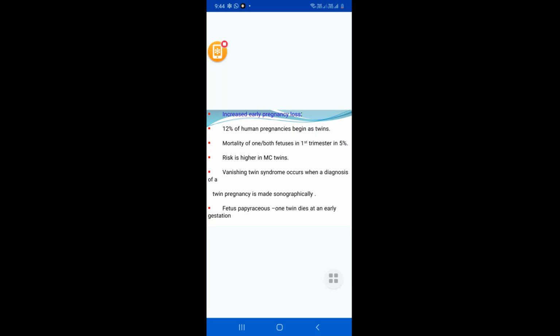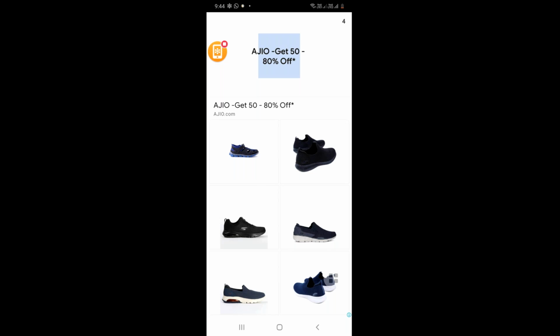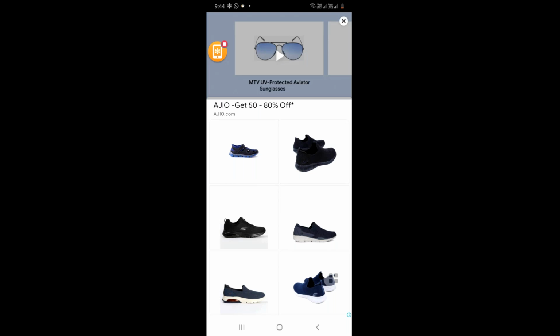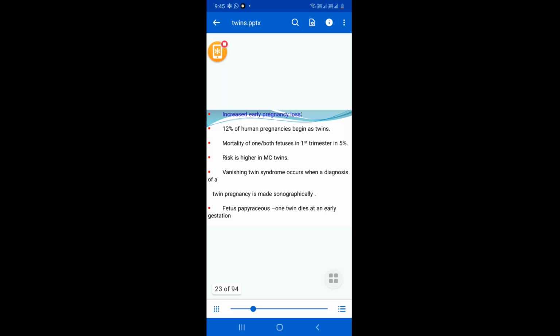Loss of one or both fetuses in the first trimester is common, which is called vanishing twin, in 5% of cases. Vanishing twin syndrome occurs when a twin pregnancy is diagnosed sonologically in the first trimester and then one disappears.